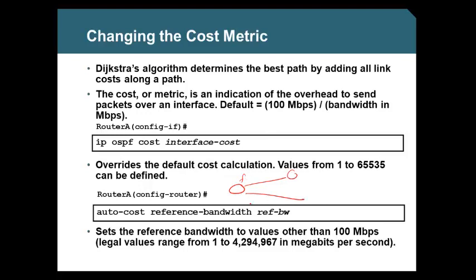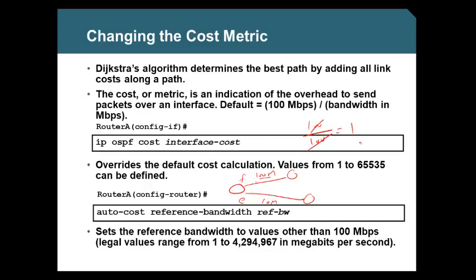Ethernet works at 10 meg speed. Now this formula is okay to use. 100 divided by the bandwidth on this link, Fast Ethernet, 100. 100 divided by 100, the cost is 1. So here the cost is 1.